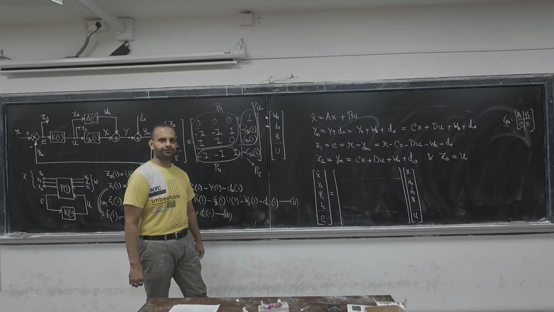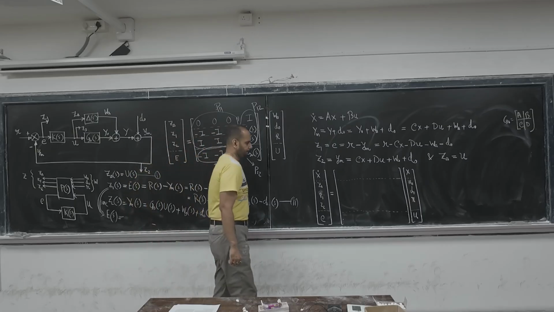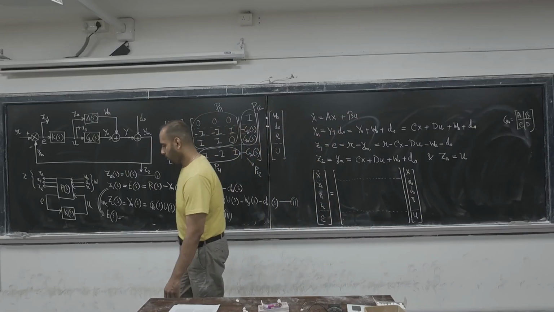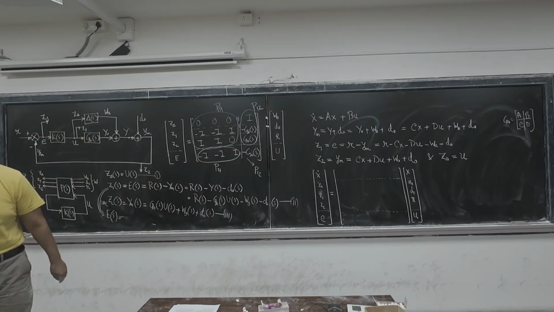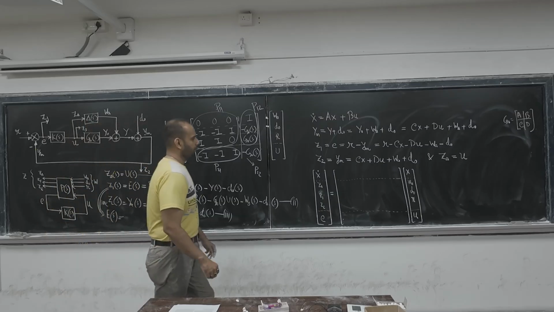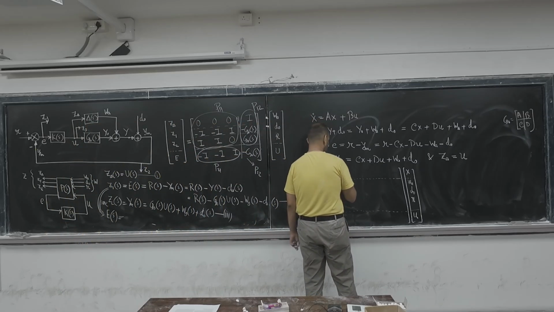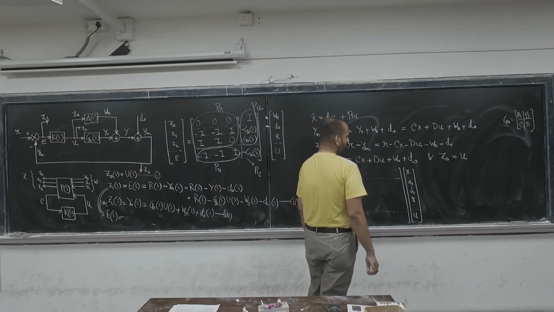Okay. So what is your x dot equation? It is A, of course it is Ax. After that, how many zeros?